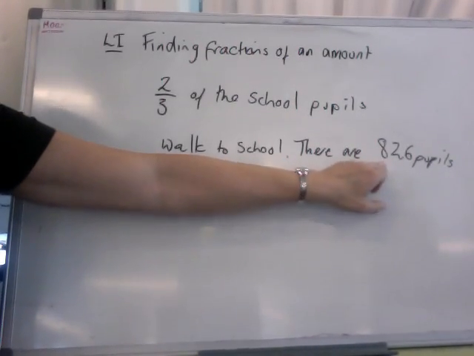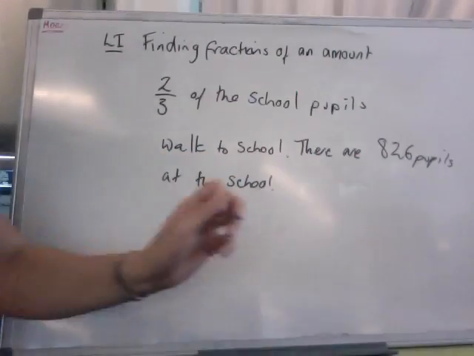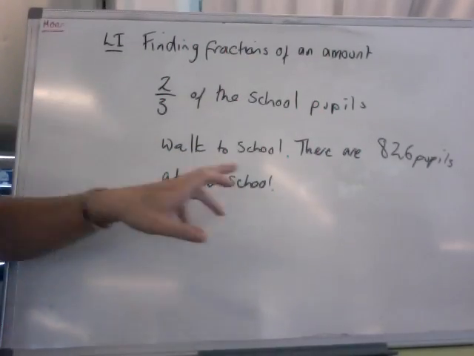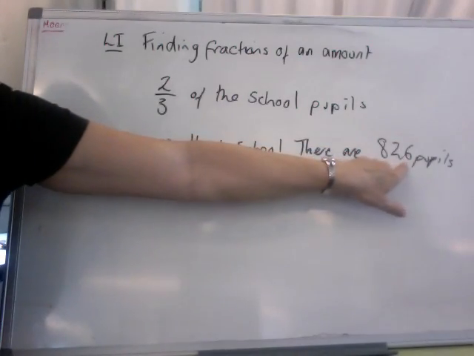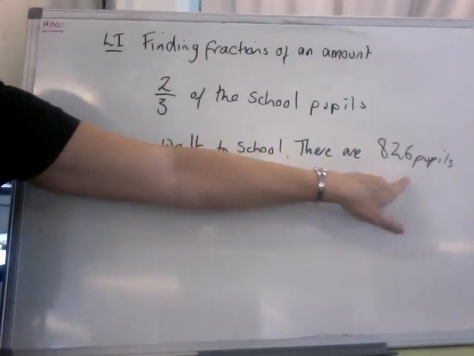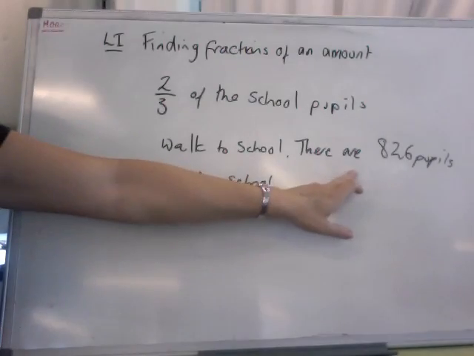Because we're saying 2/3 of them walk to school, but there's actually 826 in the school. So what's the number that we're working with, which is the whole big number? The whole amount. The 826.